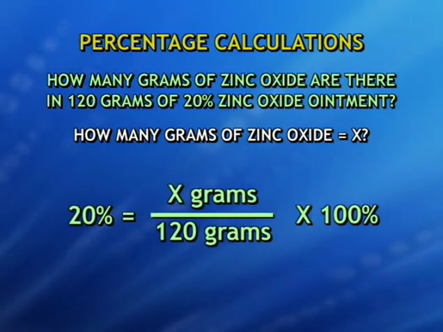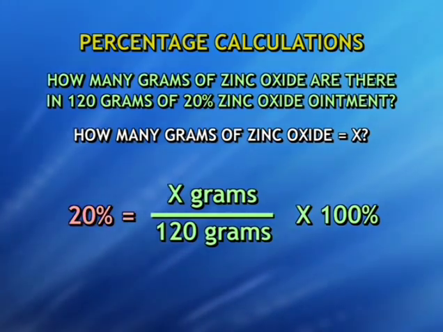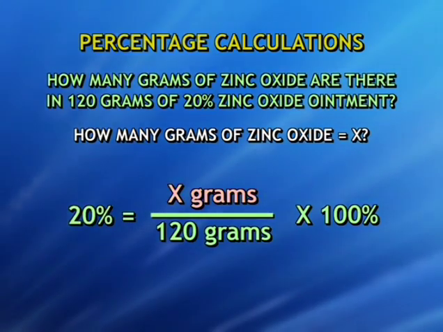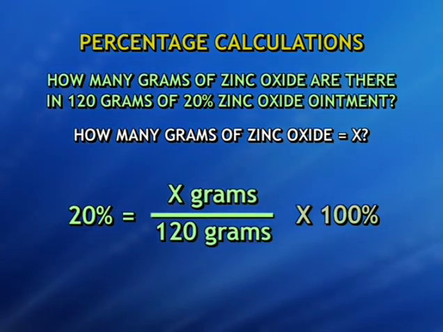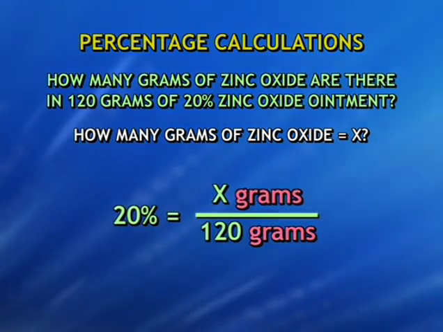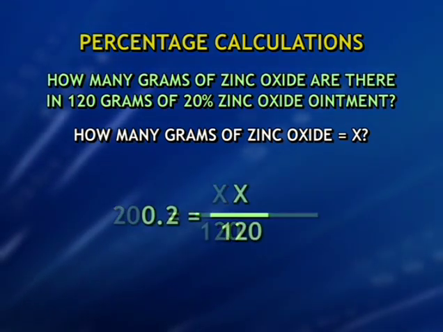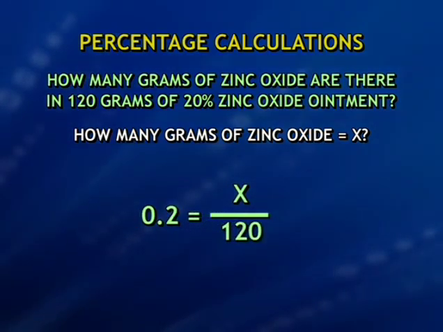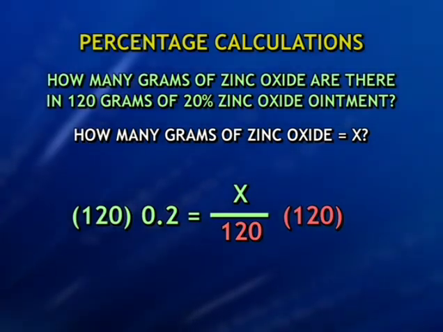Set up the equation by making substitutions into the fundamental percentage equation. 20% equals X grams divided by 120 grams times 100%. Step 2. Simplify by canceling the grams and dividing by 100 and removing the percent sign to change to a decimal. Step 3. Isolate the unknown by multiplying by 120.